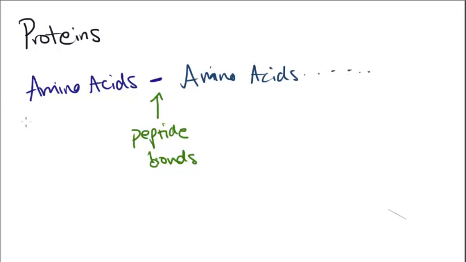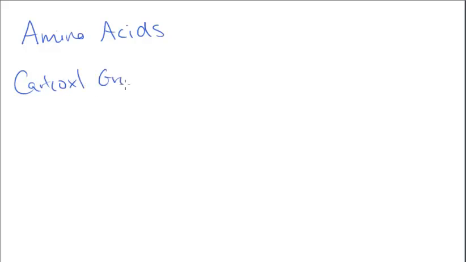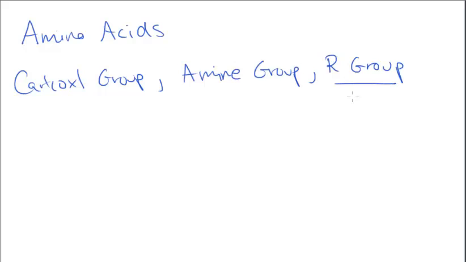So let's talk a little bit more about this piece right here, the amino acid, the building block or the monomer of proteins. The amino acid consists of four main parts. There's a carboxyl group, an amine group, an R group, and this R group is a variable group, and it varies between each amino acid, and it determines specificity of each and the function of each amino acid.